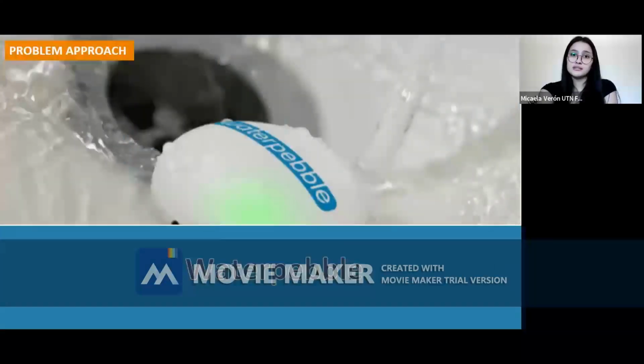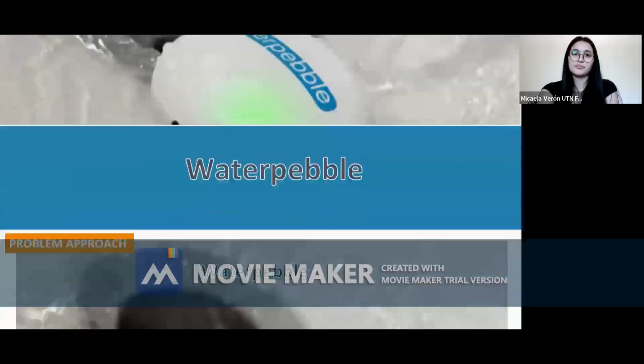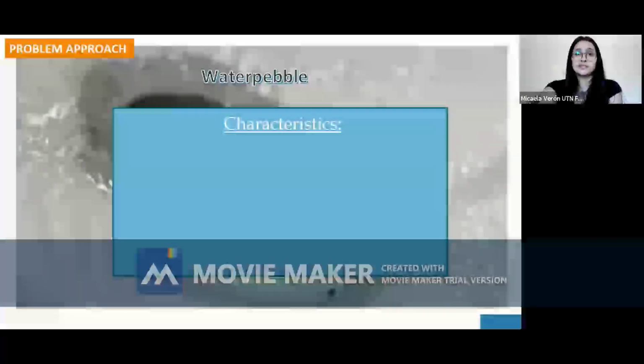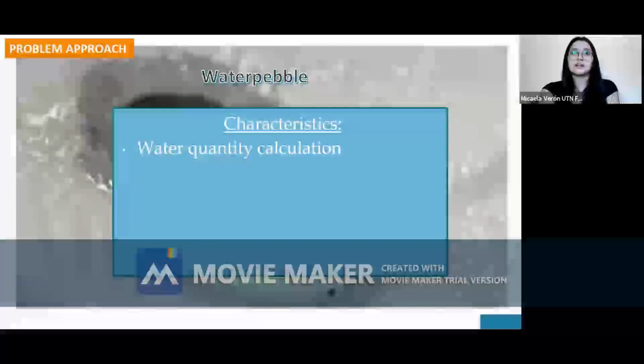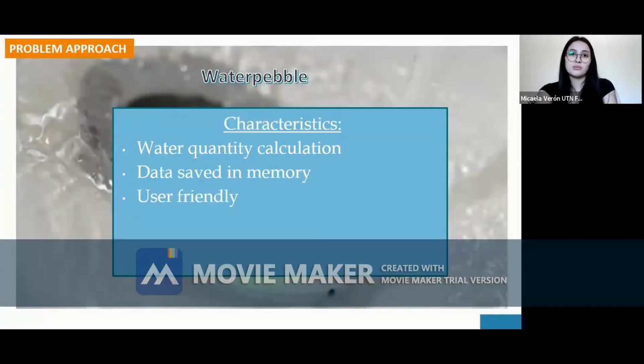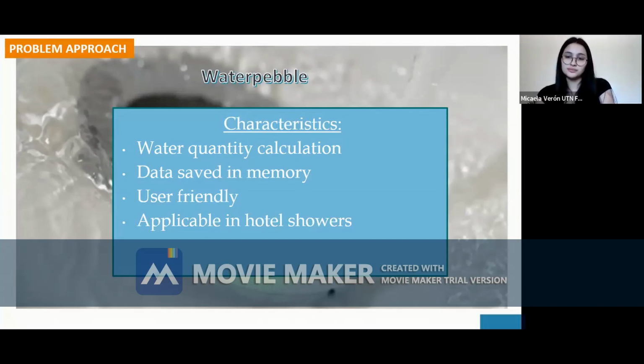The first device is Water Pebble, an ecological device which was made to be recycled once its life cycle ends. It is a device that calculates the average amount of water used by the user.